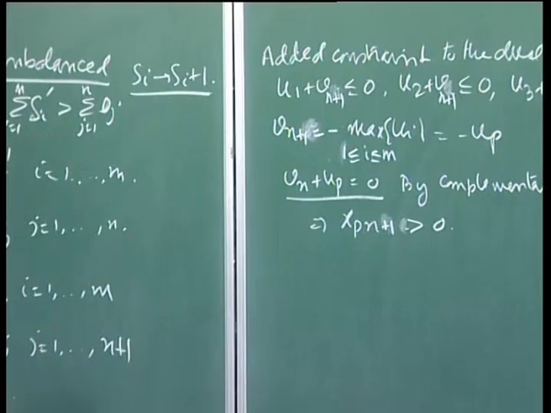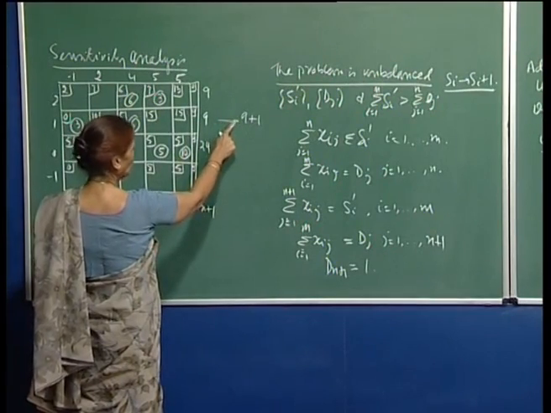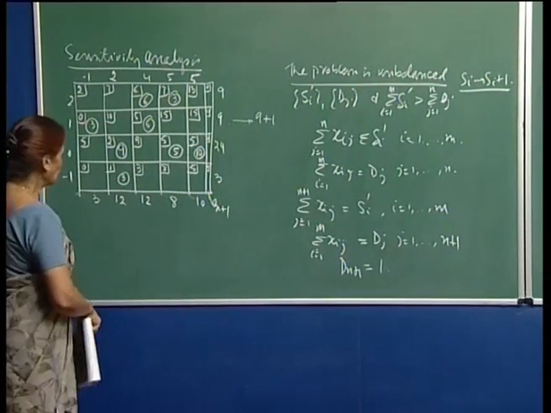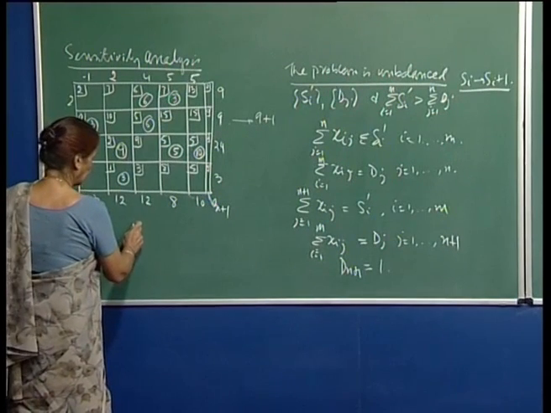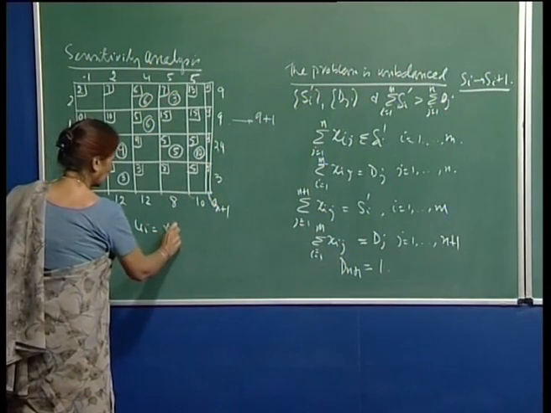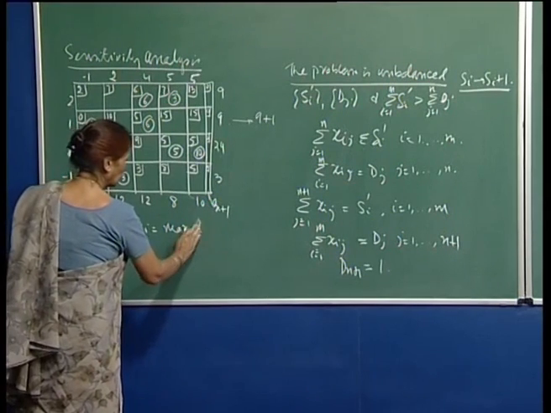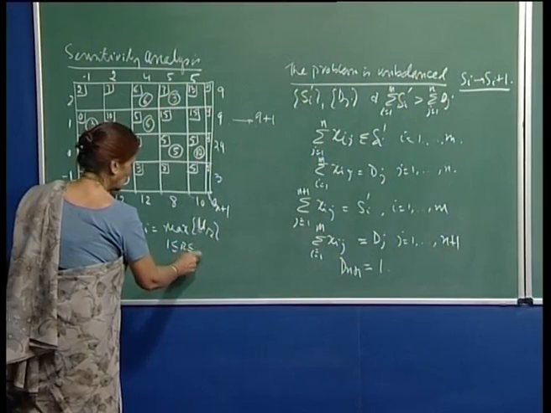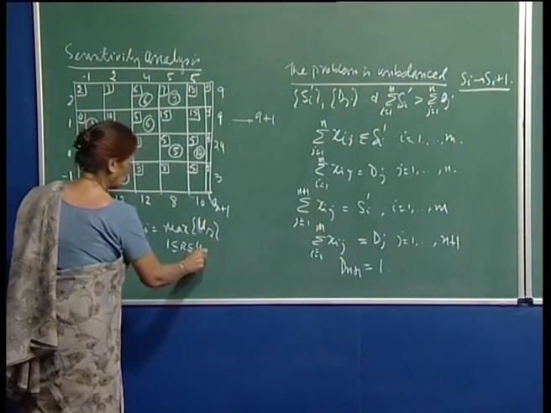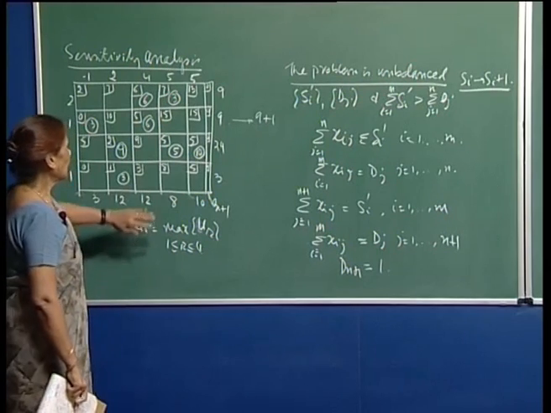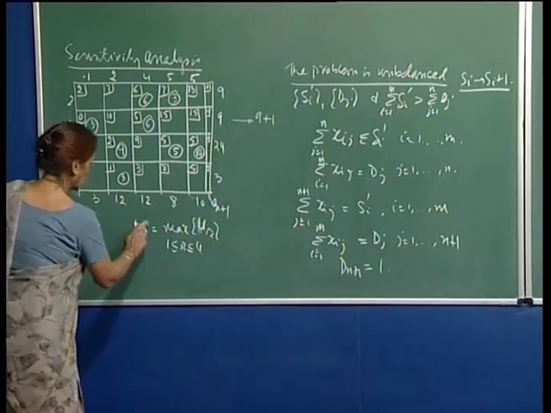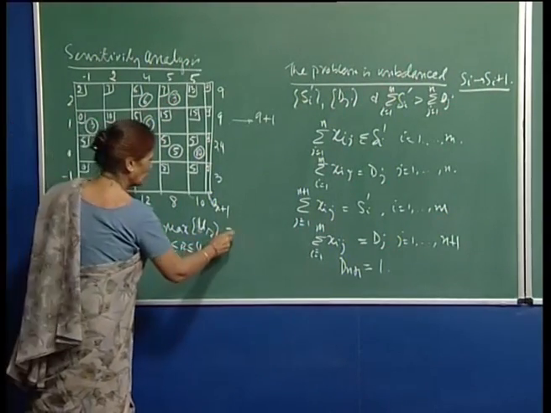In our particular case, i is 2, S_2 has gone up to 10, and the maximum of this is 2. So, u_i is the max of u_r, 1 less than or equal to r less than or equal to 4. So, this is u_1, which is equal to 2.